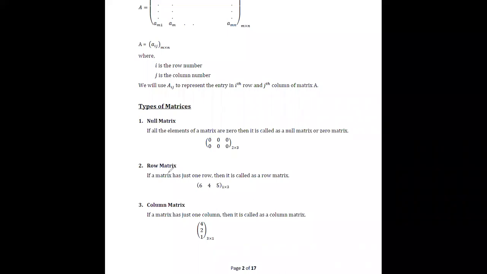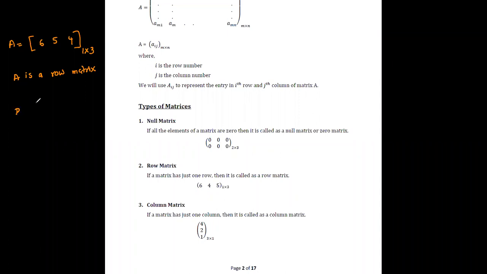If a matrix has only one row, then such a matrix is said to be a row matrix. In this example, let A be a matrix having the elements 6, 5, and 4. In this form, you can see that there is only one row but 3 columns. Since you have only one row, we can say that A is a row matrix.